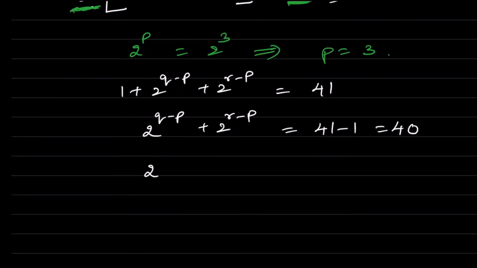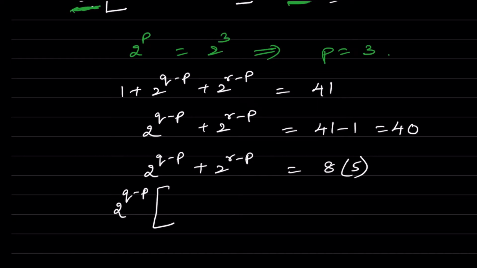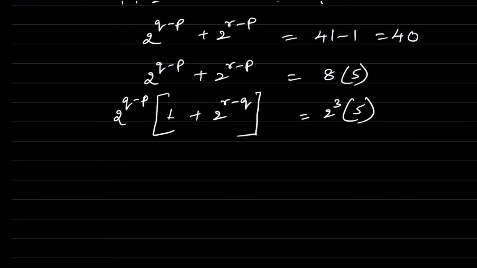So this can be written as 2 to the power of Q minus P plus 2 to the power of R minus P is equal to 8 times 5. Now here I can take out 2 to the power of Q minus P common. If I take it out, we get 1 plus 2 to the power of R minus Q, which is equal to 8 times 5, or 2 to the power of 3 times 5.